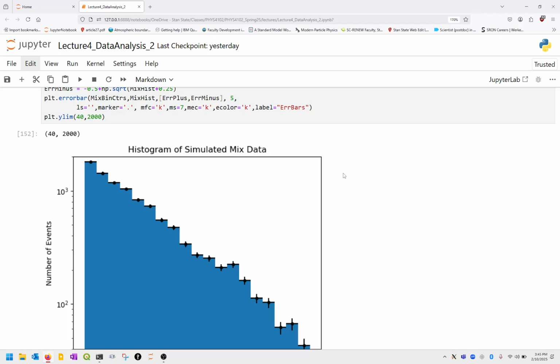You can give it an array of numbers instead, and have a variety of widths in these bars if you want. Try not to do that because it's really hard to understand. Some people do it because sometimes your last bin has so few events that you just widen it to capture more events. It's very confusing to look at.